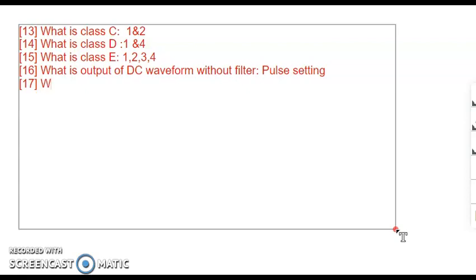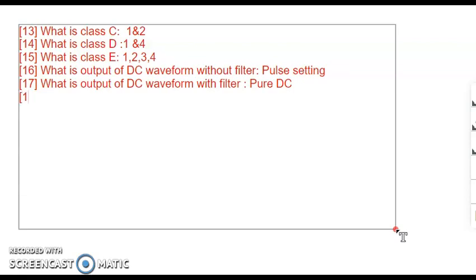What is the output of a DC waveform with the filter? You are going to get pure DC. So this is about the DC waveform with the filter and without the filter.